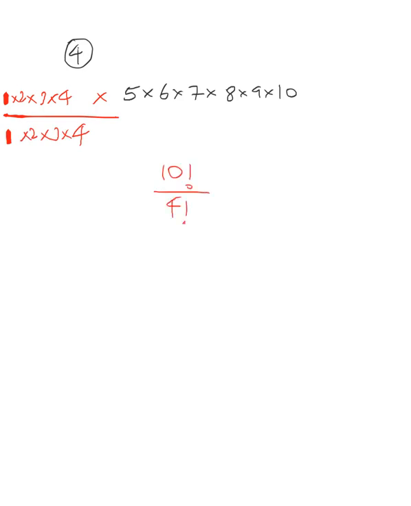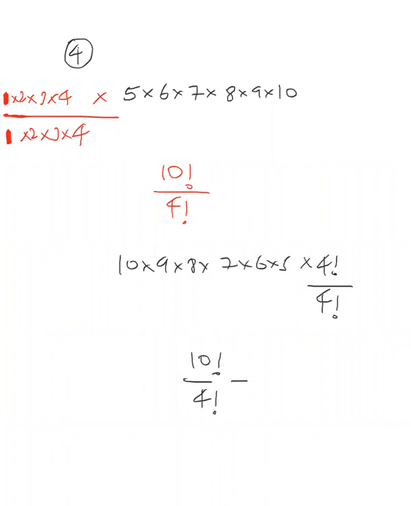Or you can do one more thing. Simply multiply 4 factorial in numerator and denominator. Now this will become 10 factorial, this will become 4 factorial. Like that also you can do. Remaining you can try yourself and send me now.